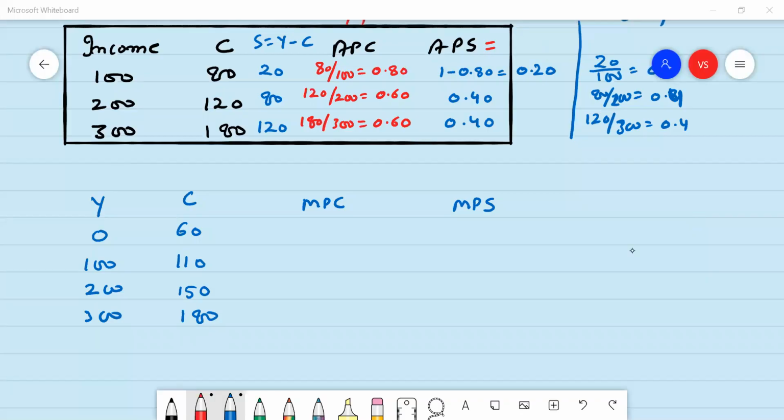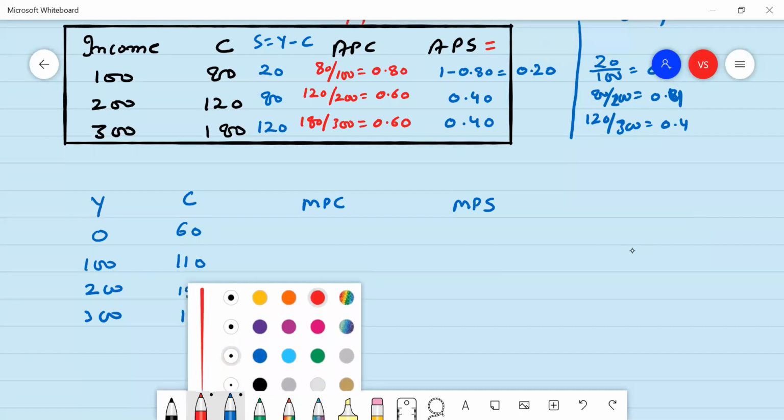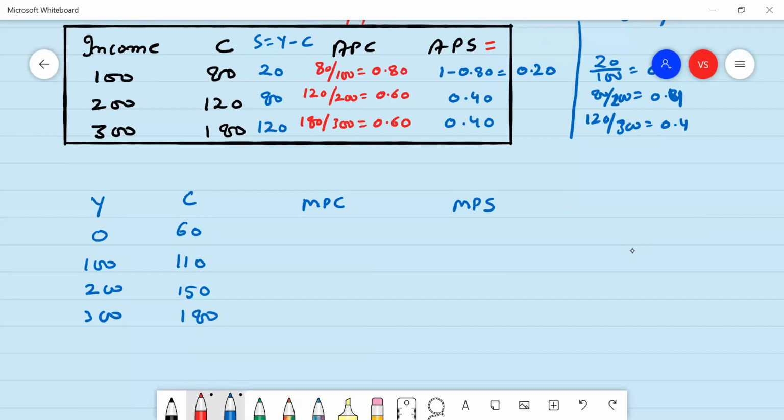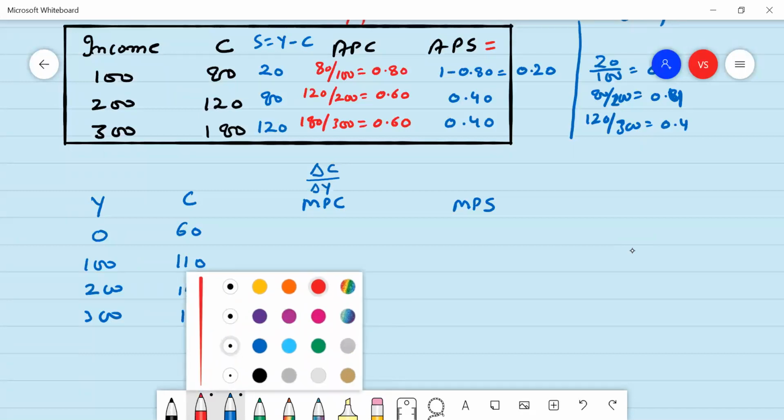So look, 3 students have completed till now. So for MPC, you know the formula is delta C upon delta Y. This is the formula for MPC.